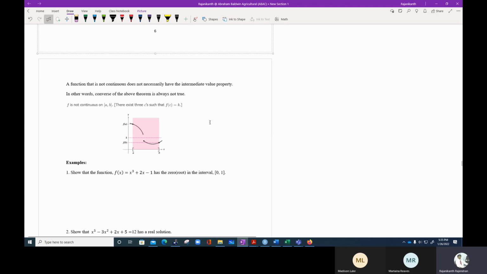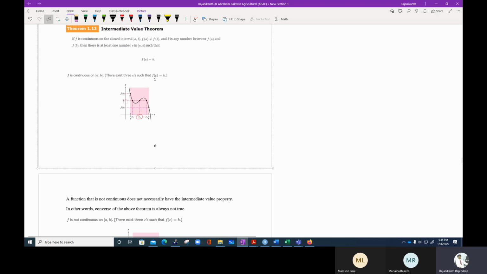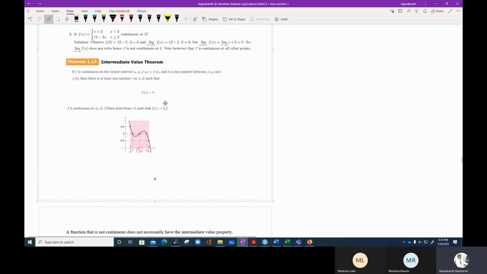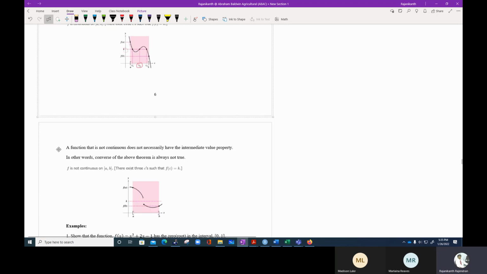Clear? Even though you have this theorem, the converse is not true. Continuity will give you an intermediate value, but the converse is not true. The intermediate value property will not always give you a continuous function.